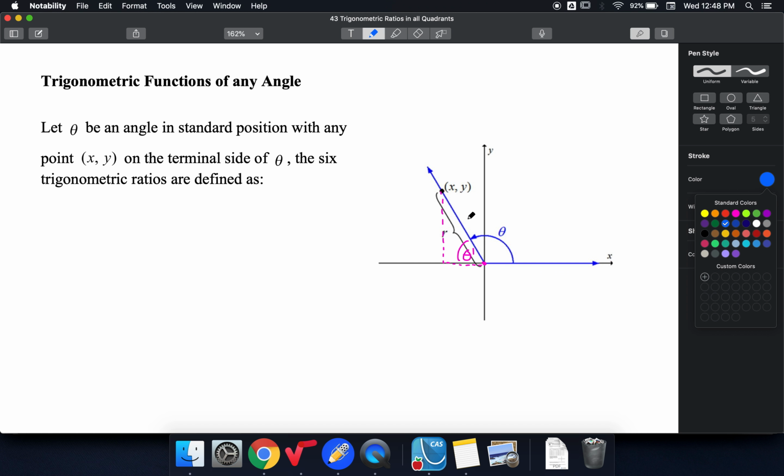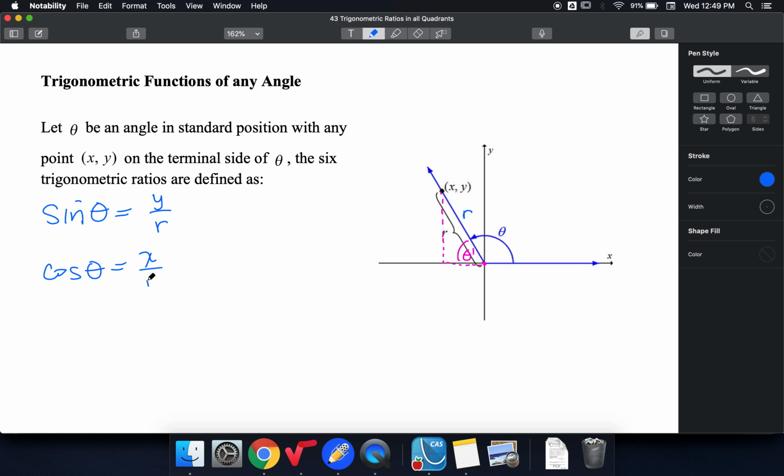We called this distance r. So we're going to say that sine theta is y over r. Cosine theta is x over r.